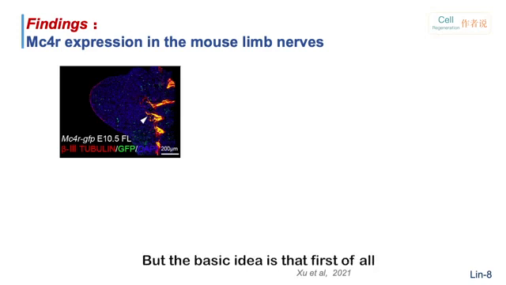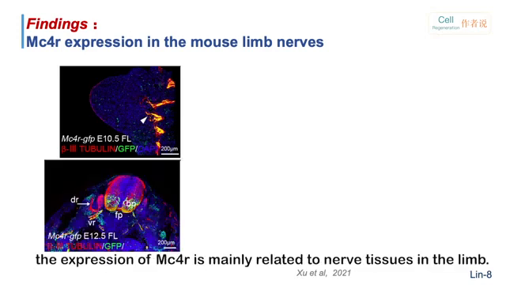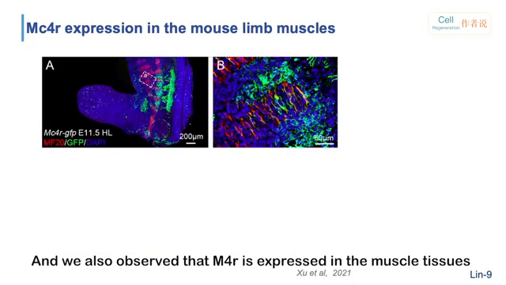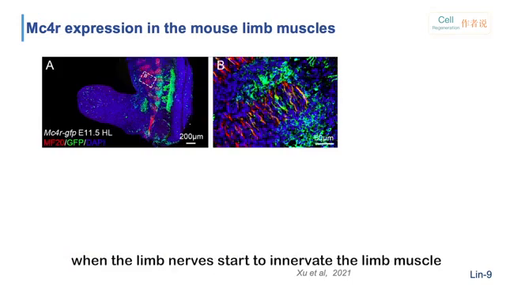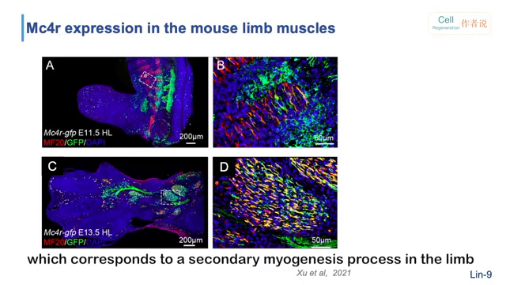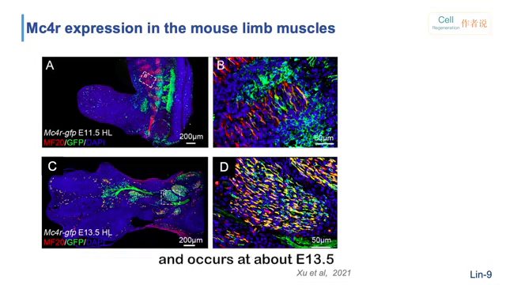But the basic idea is that, first of all, the expression of MC4R is mainly related to nerve tissues in the limb. And we also observed that MC4R is expressed in the muscle tissues when the limb nerve started to innervate the limb muscle, which corresponds to a secondary myogenesis process in the limb and occurred at about E13.5.